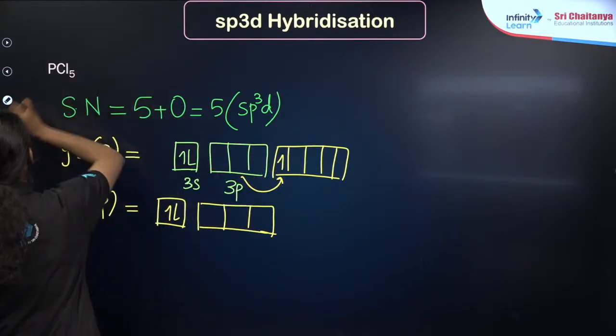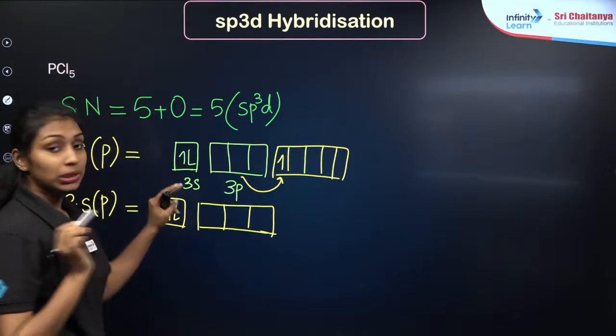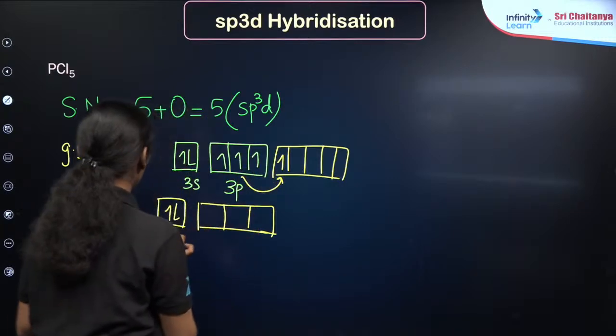Phosphorus means it is 15, that is 3s2 3p3. It was my mistake, 3s2 3p3.